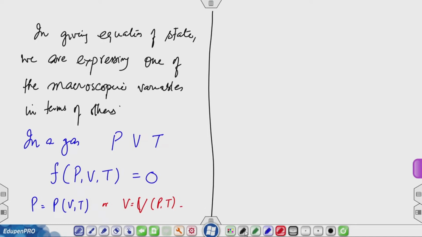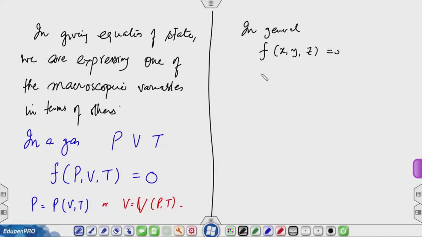So, in general, and I'm referring to a 3 variable system, I have f of x, y, z equals 0.